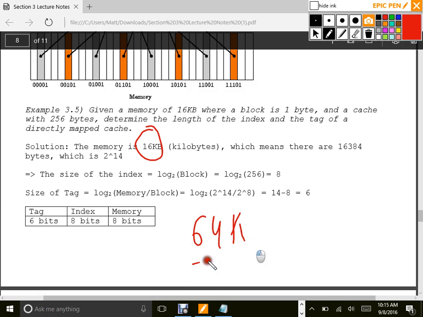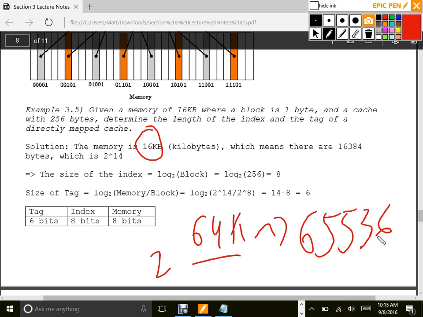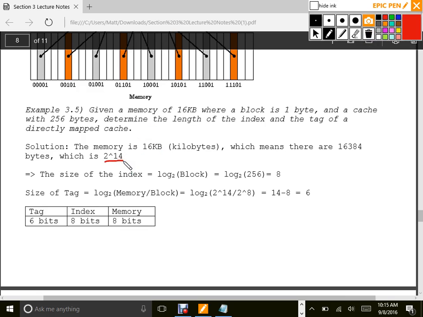So 64 kilobytes in this case is 2 to the 6, right? But if you're getting up there, 2 to the 16, it's actually 65536. Don't blame me. I didn't come up with that. That's just the way it is. So in this case, that becomes 2 to the 14. So that's where we start.